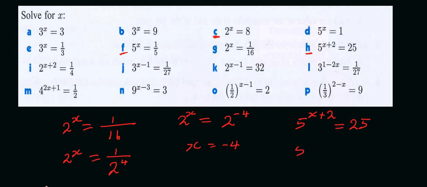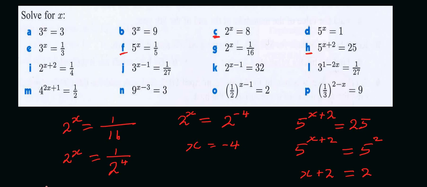All right, so this will become 5 exponent x plus 2 is equal to 5 exponent 2. So we have the same base now. So x plus 2 is equal to 2.